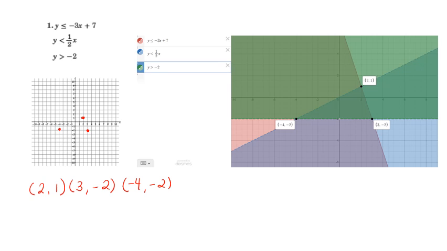Then we're just going to draw that in. This is a dotted line. This one's a dotted line. Whoops, I kind of missed on that. Let's try that again. That's a lot better. And then this one is a solid line.